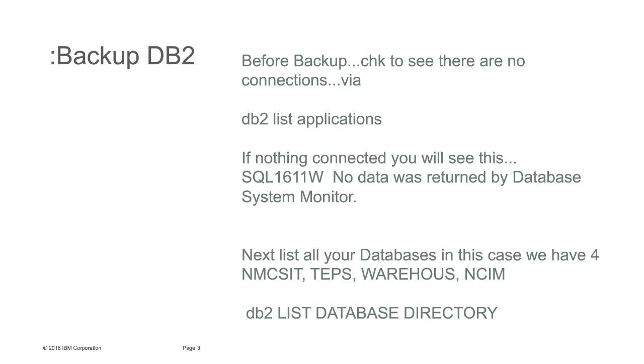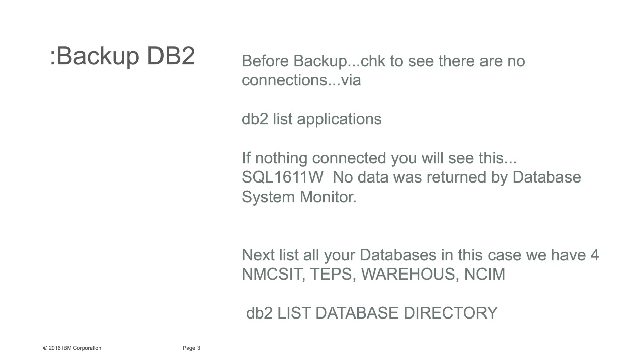Before we get started, there are some things as well. You should always back up your current database. So there are some steps in that process to making sure everything is turned off, like running the DB2 list applications.